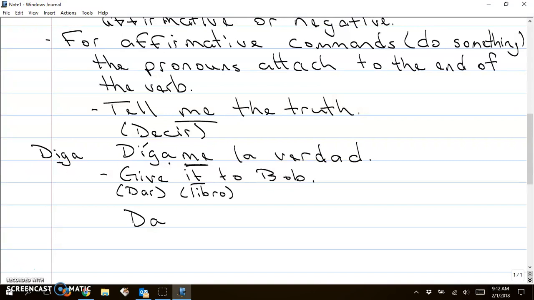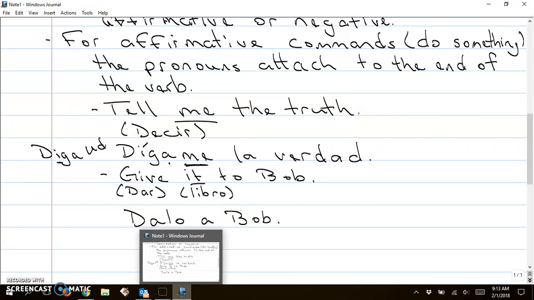This is the affirmative tú command. By the way, this is the usted command. Da, book would be a lo direct object pronoun. Da lo a Bob. In this case, you don't need the accent because it's only a two-syllable word. The accent stays on the next to last syllable. Okay?